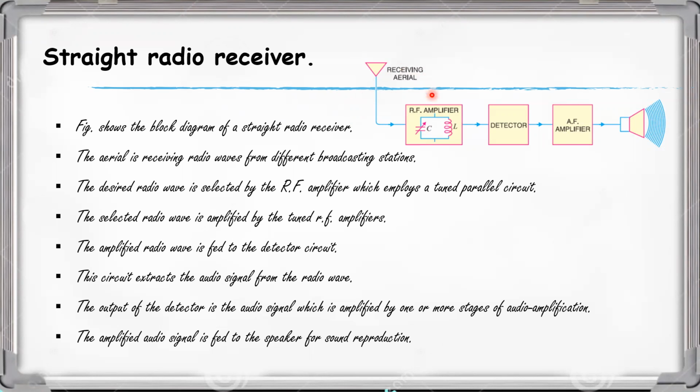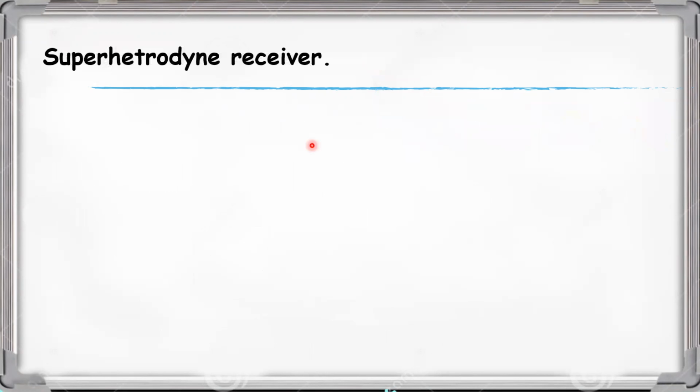A particular station must have a very good audio signal, and the other radio stations can't be tuned very well using such a receiver. This limitation is overcome using the superheterodyne receiver.